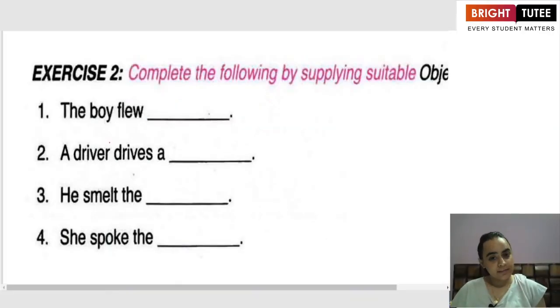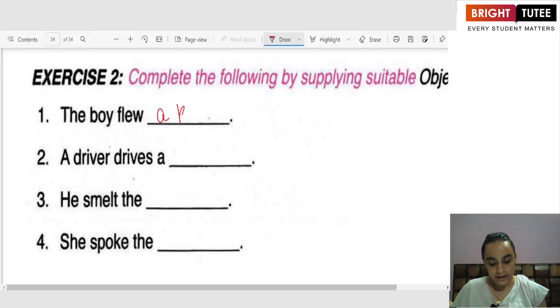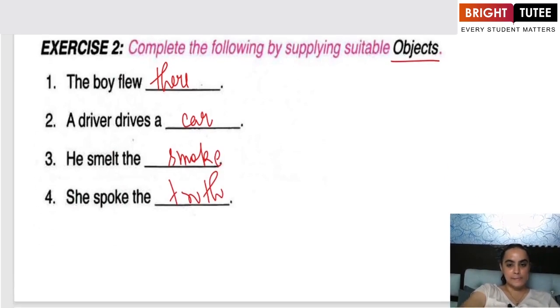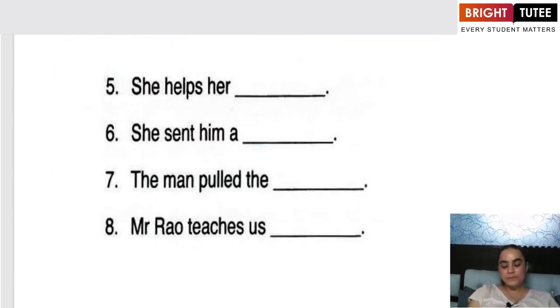Let us do the first sentence. The boy flew a kite, which is an object in the sentence. A driver drives a car. He smelt the smoke. She spoke the truth. He helps her honestly.